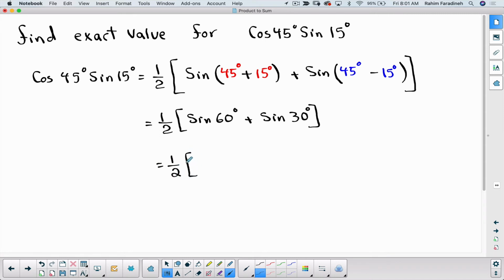Now 30 degrees and 60 degrees are those famous angles for a right triangle. Sine of 60 is radical 3 over 2, and sine of 30 degrees is 1/2. I'm going to factor a 1/2 from the inside.